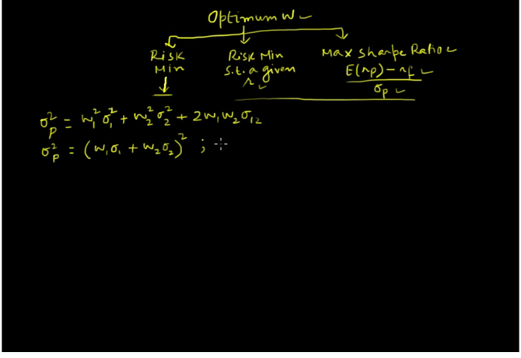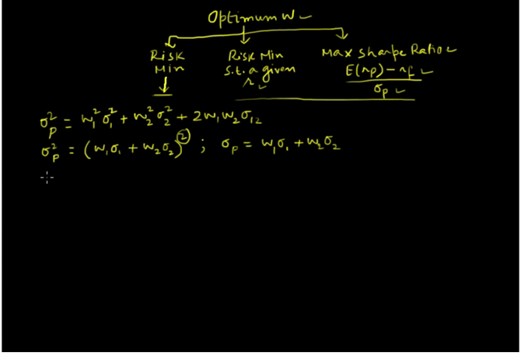This also means that if we want to write the standard deviation of the portfolio, we just have to drop this 2 from here. So the standard deviation of the portfolio is going to be W1 times the standard deviation of 1 plus W2 times standard deviation of 2.